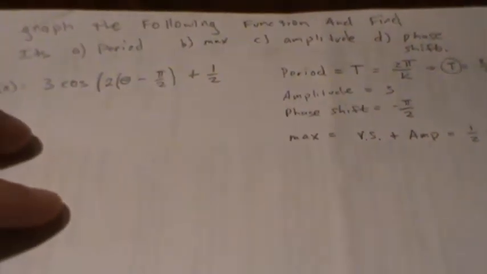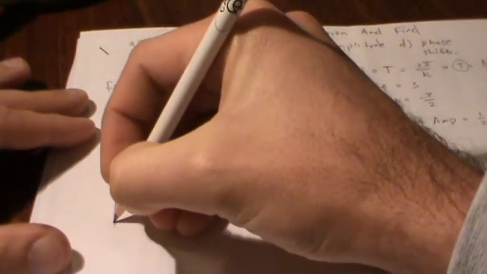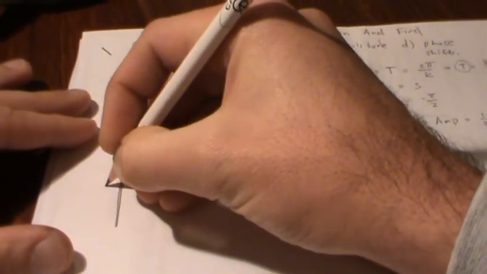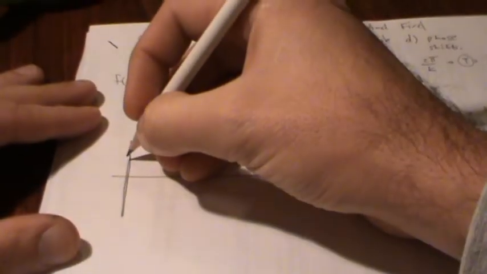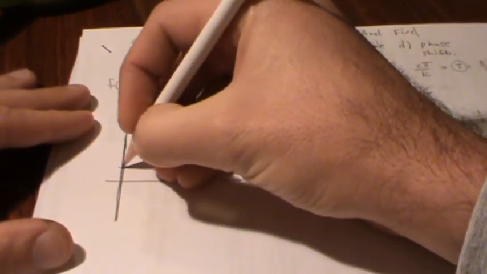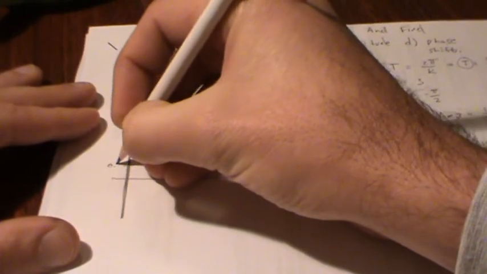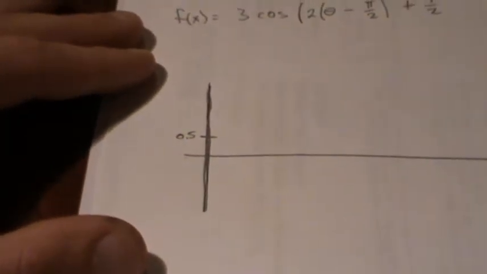Now, given this function, I'm going to draw an axis here, and I'm going to make it a little taller than normal. I'm going to label this as 0.5. Labeling your axes is important.